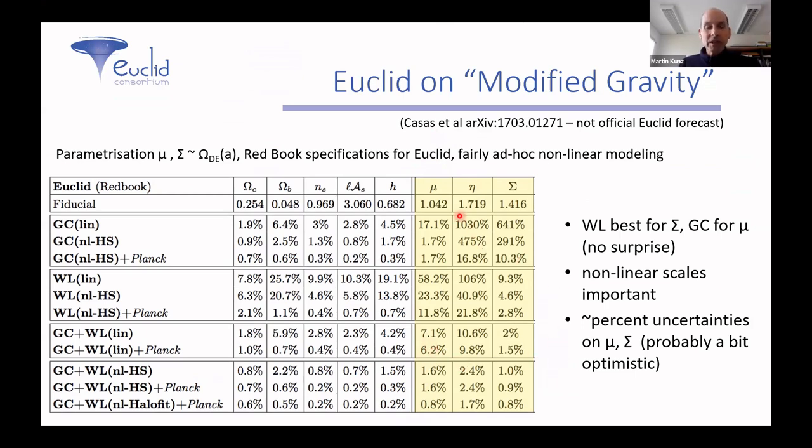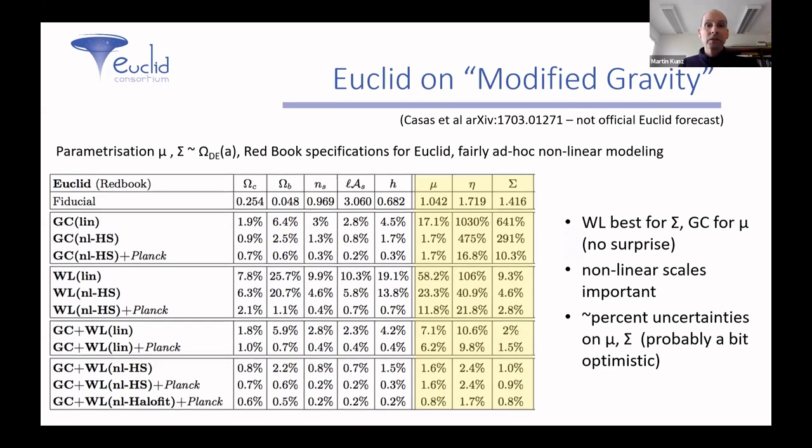The first thing you see here, by the way, is that the galaxy clustering mostly measures mu, but not the sigma, while the weak lensing mostly measures the sigma, but not so much the mu. Again, you need the combination to be able to measure both. So we expect to get a few percent level constraints on both parameters, depending also on how well we can use the nonlinear scales.